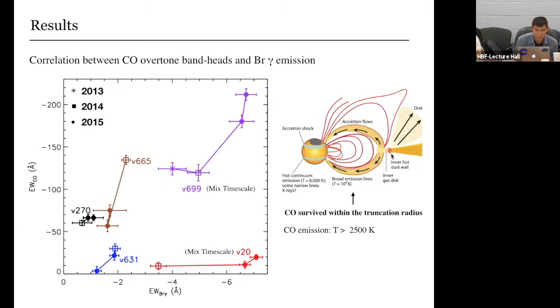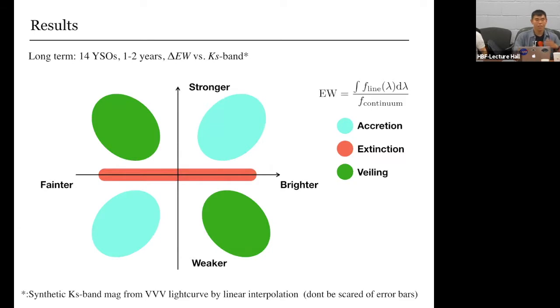Then we're going to discuss the years-long variability of those emission lines. Before that, I just want to show you the logic of this plot. I'm going to plot the variation of equivalent width against the variation of K-band continuum. As we know, the equivalent width is the line flux divided by the continuum flux, so if one of these changes, it affects the equivalent width.